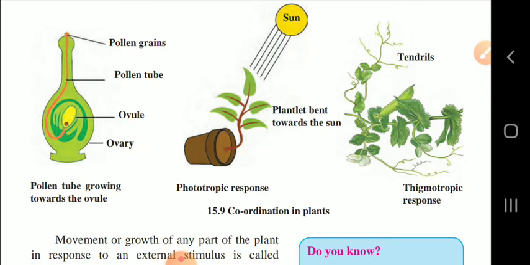Here you can see the pollen tube growing toward the ovule. This is one type of movement. Movements shown by the plant in response to specific chemicals are called chemotropic movement. An example is the growth of the pollen tube toward the ovule, that you can see in the first figure.